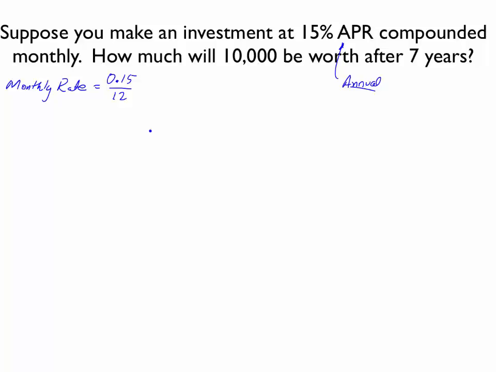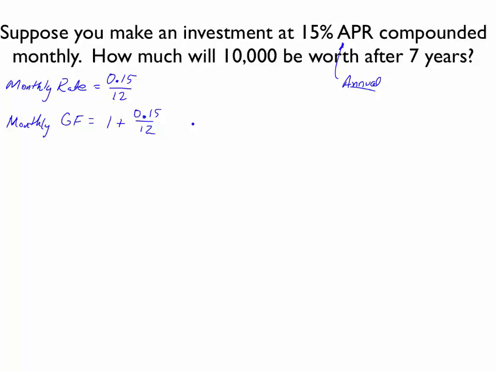Yeah, growth factors, right? So I'm going to first get the monthly growth factor. From the monthly rate, I can easily get it. What do I do to this 0.15 over 12 to get the growth factor? Just add 1, right? It's going to be 1 plus that. There's my monthly growth factor.